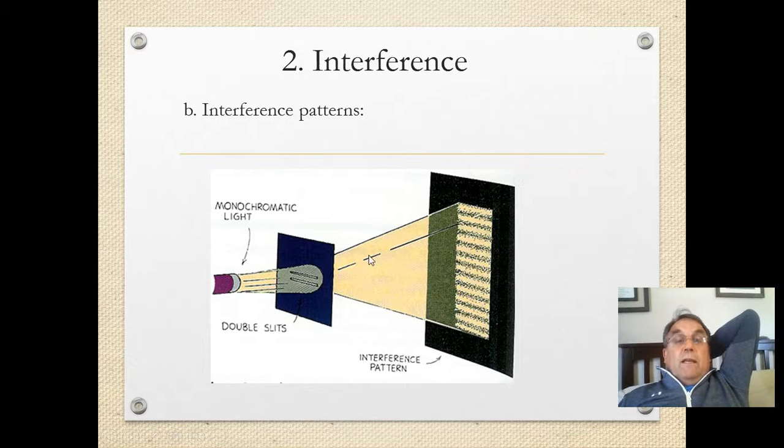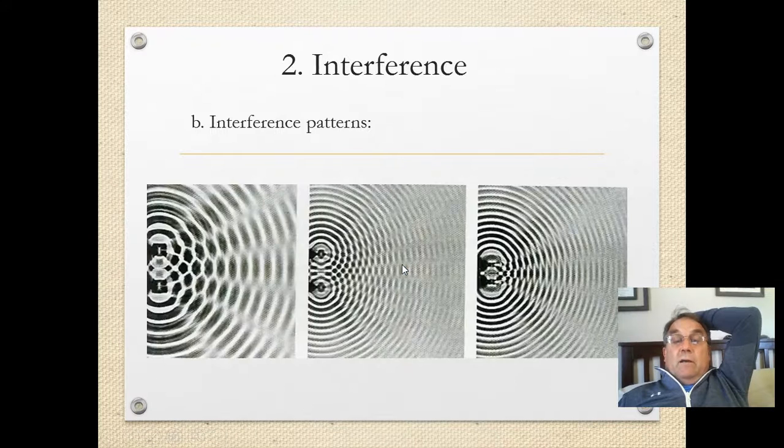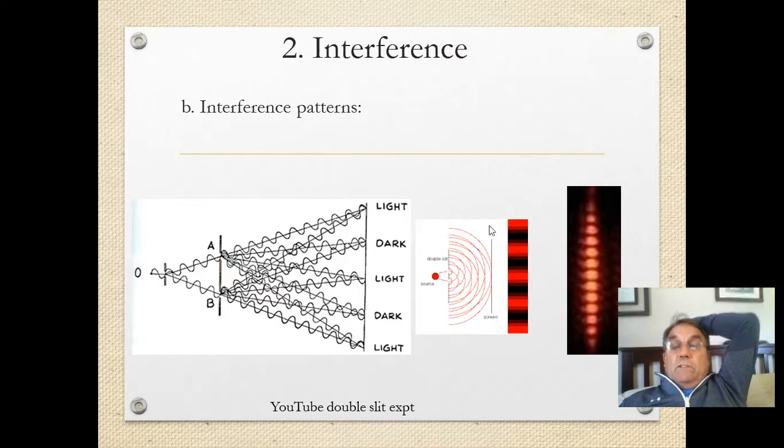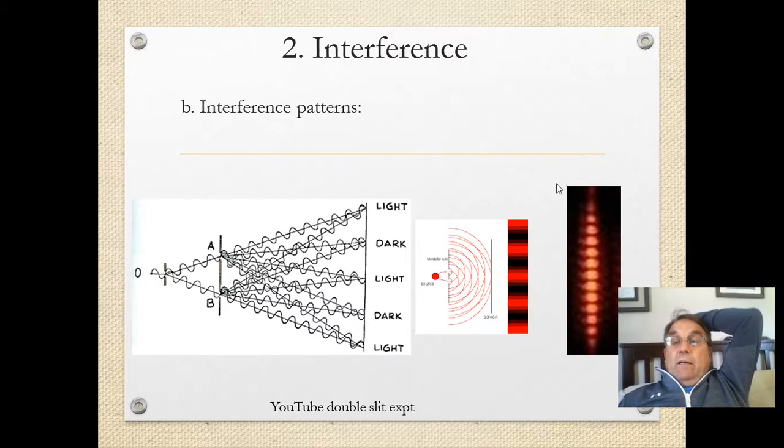Okay, so we're getting twin properties here, diffraction through the slits, and then the resulting interference pattern. So this is an actual physical representation of this ripple tank scenario. Okay, now here's what you would actually see with a laser being shown through a double slit. This is an actual photograph of the experiment.